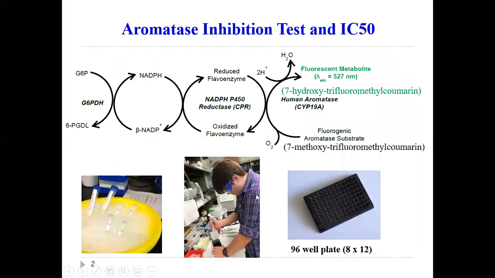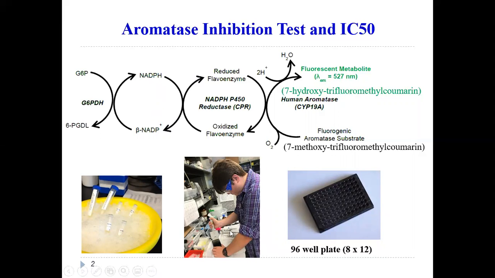So where does this data come from? We do what we call a bioassay, which is an aromatase inhibition test. You can see this long process that it goes through. What we are really interested in is that down here you can see all of our test materials, and if you get trained on the bioassay, you'll understand what all this means.